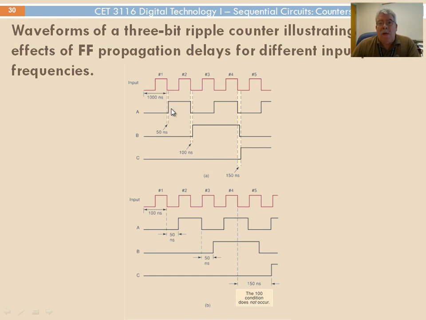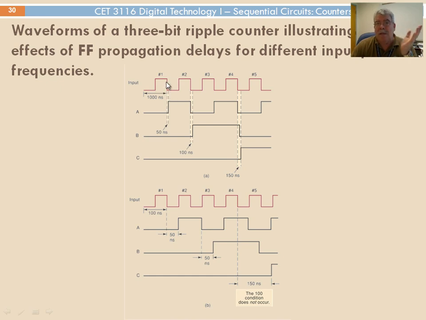See, if we have for each one of the flip-flops 50 nanoseconds of propagation time, that means that, if you remember how the ripple counter works, the first flip-flop will change after 50 nanoseconds on the transition high to low of the clock.